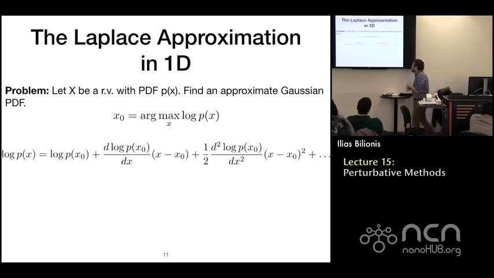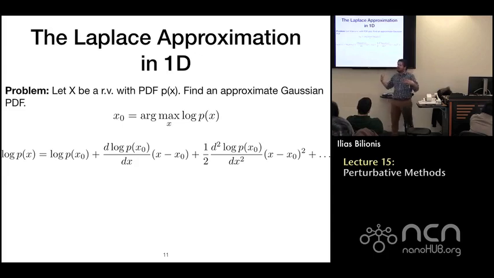And then you take log of p of x, and you start doing the Taylor expansion of log of p of x. Why do you do the Taylor expansion of log of p of x and not p of x? Because p of x is a weird function. It doesn't go to 0, it's very skewed. Log of p of x is a much nicer looking function.